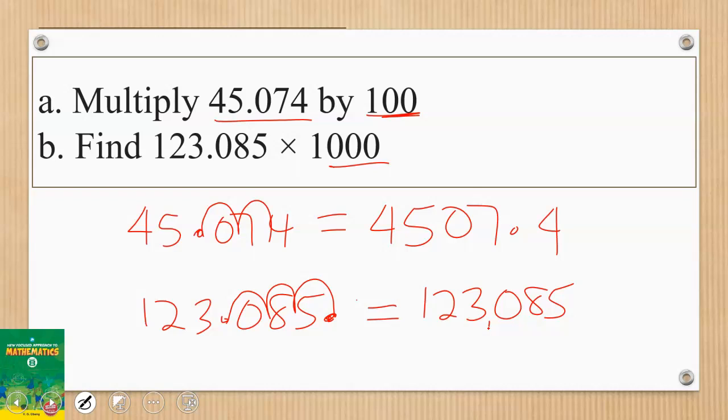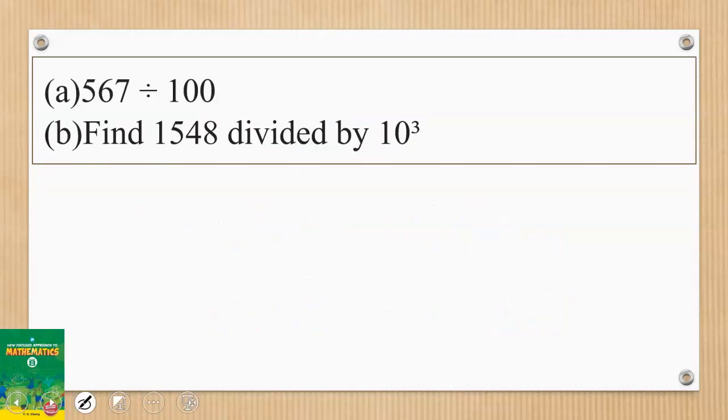That's how you do this multiplication by 100 or 1000 or any multiples of 10, or any number raised to the power 10. Now let's take examples under division. With division, it goes directly opposite to that of the multiplication. Here we have to do 567 divided by 100. The decimal point is here, but we don't write it.